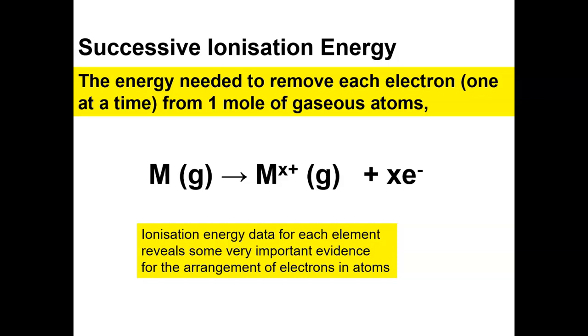So the information that this gives us is really directly helpful when it comes to looking for when we've emptied a shell and we start another one, when we go from an outer shell to an inner shell, because we should get closer to the nucleus each time that happens.